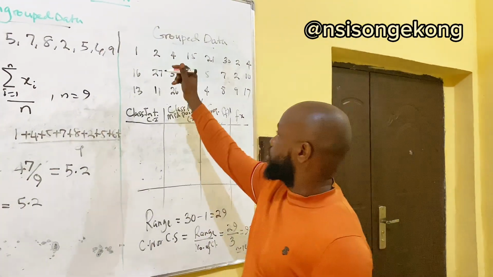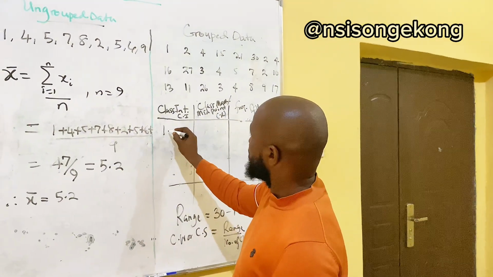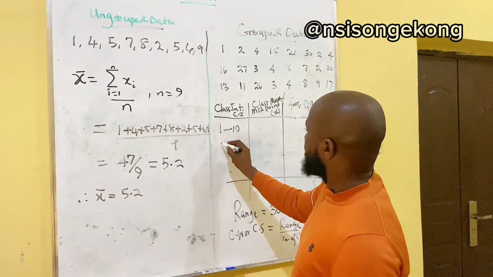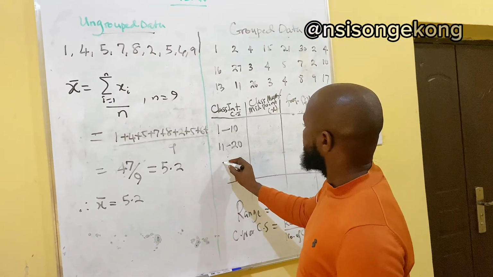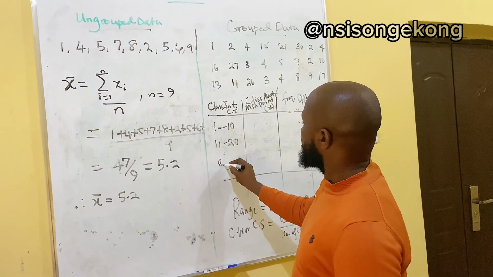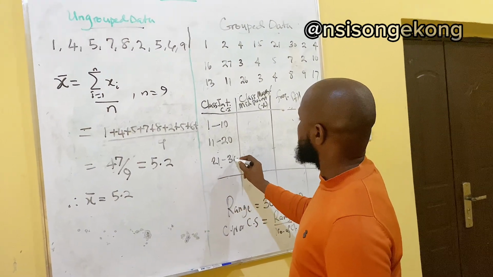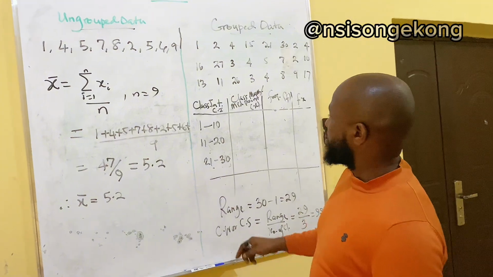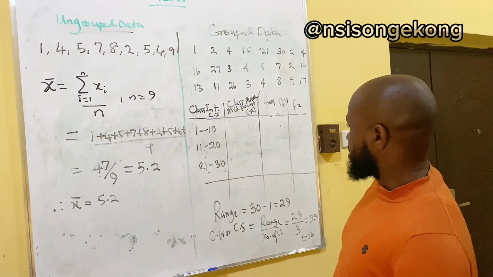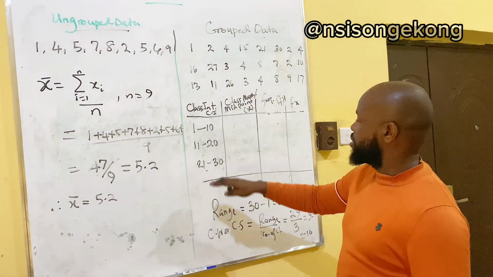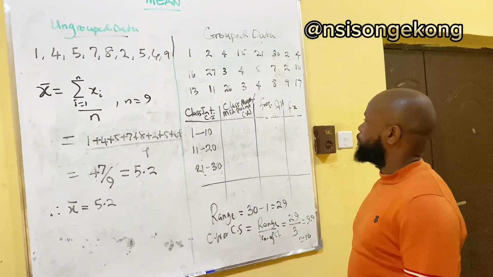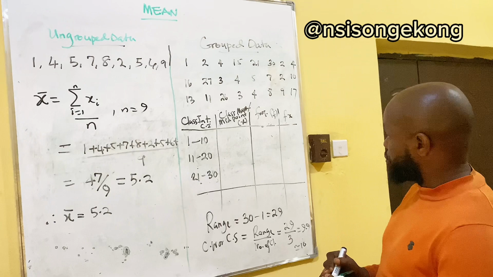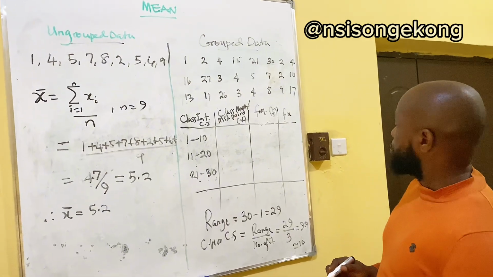So if we start the list from 1, it will be 1 to 10, 11 to 20, 21 to 30. So here we have each of the classes, the first class having 10 entries, the second, the third, the same thing. So the next thing for us to do now is to obtain the midpoint.